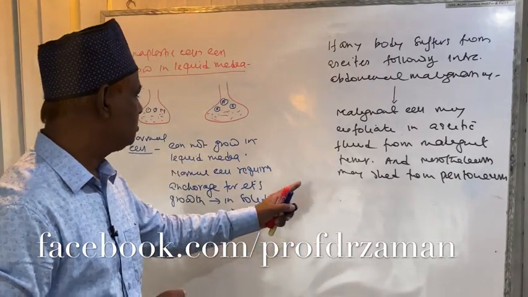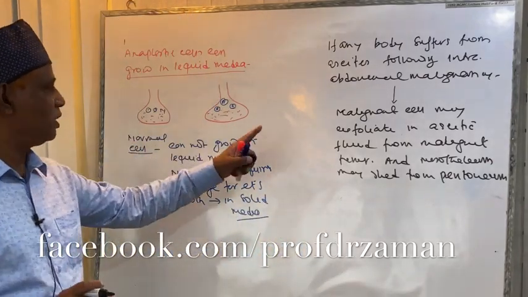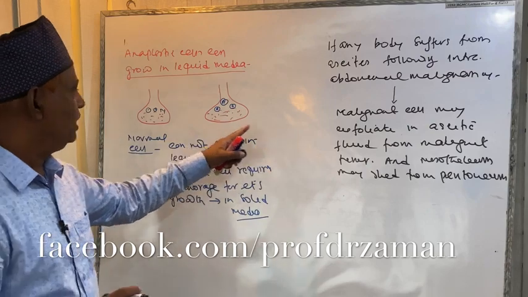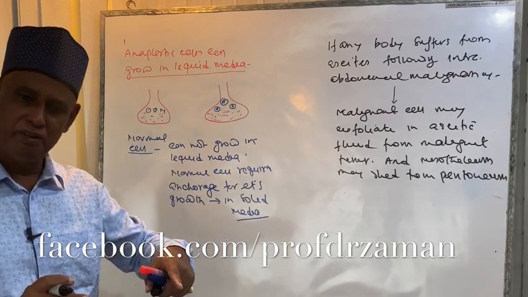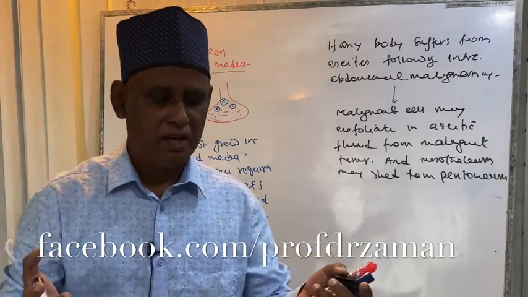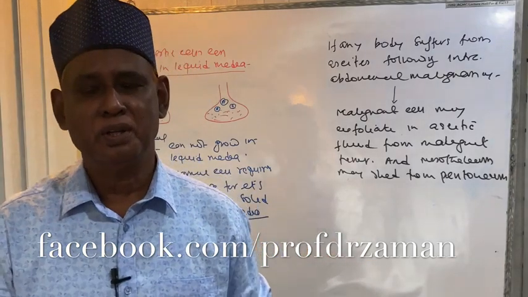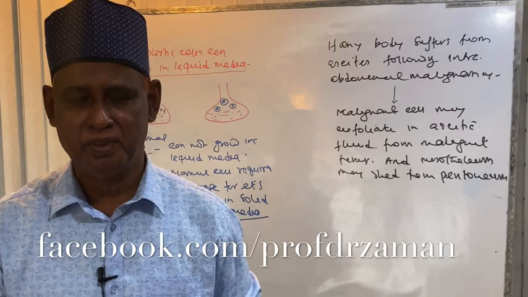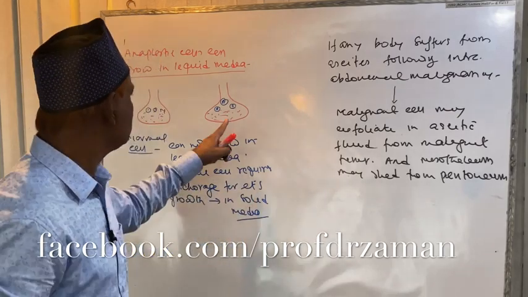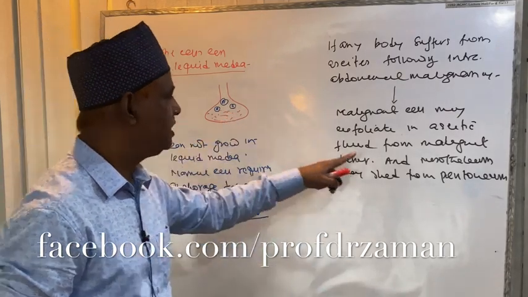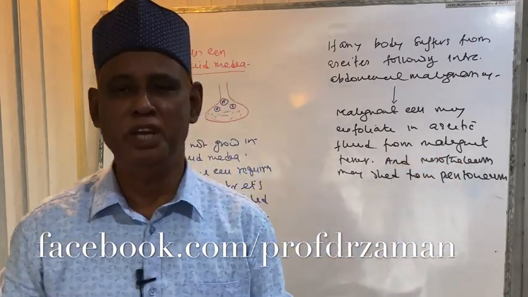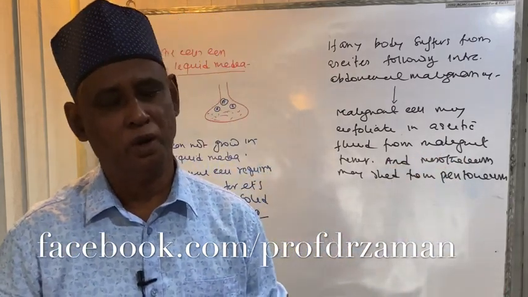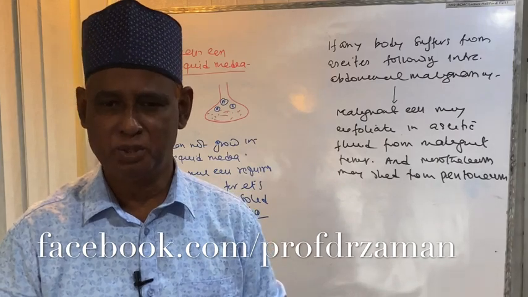It indicates the malignant cells or anaplastic cells that are exfoliated from the malignancy in the ascitic fluid can grow and survive, because they can grow in liquid media. Ascitic fluid here is liquid media for the malignant cell, also for the shed mesothelium.